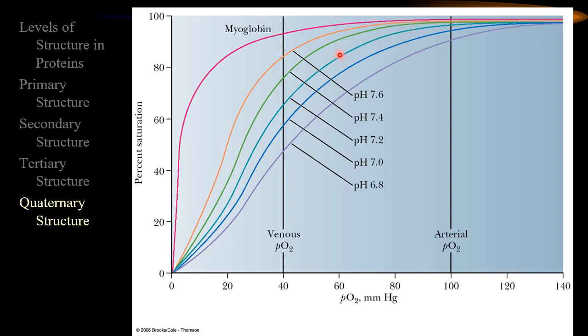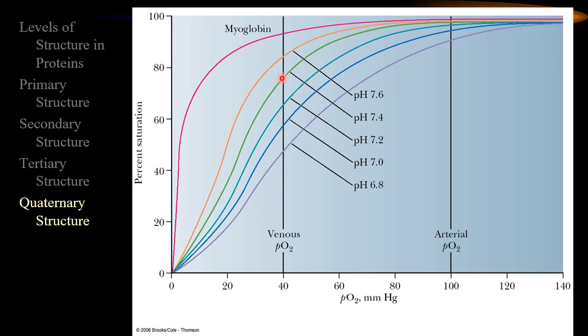And then when you go lower, venous blood has come from the muscles. So the oxygen concentration is quite low, about 40 millimeter mercury. So the level of oxygen has now dropped.